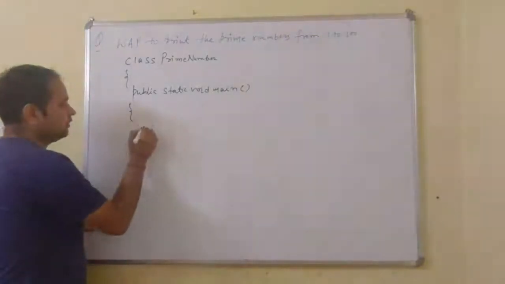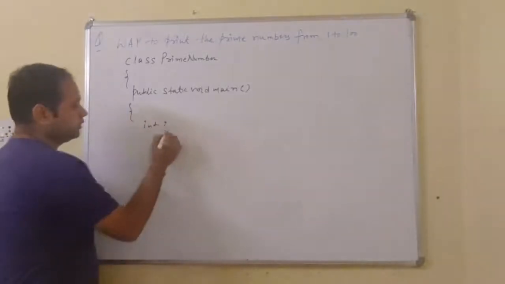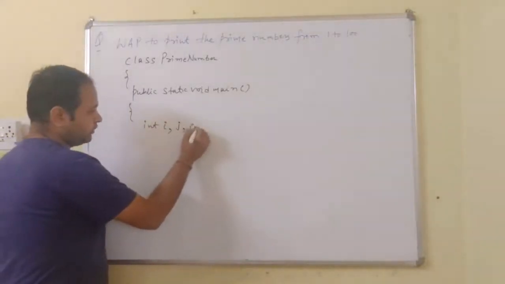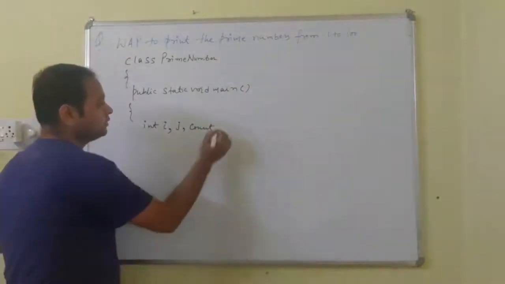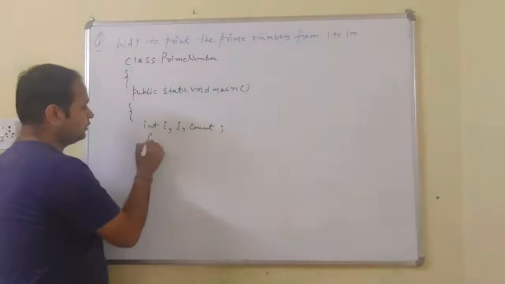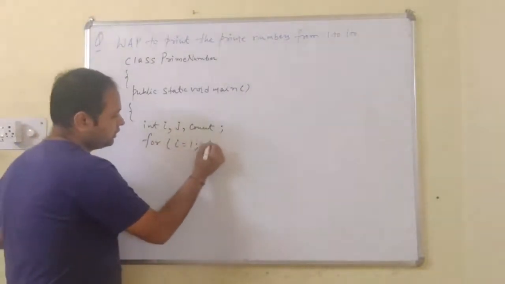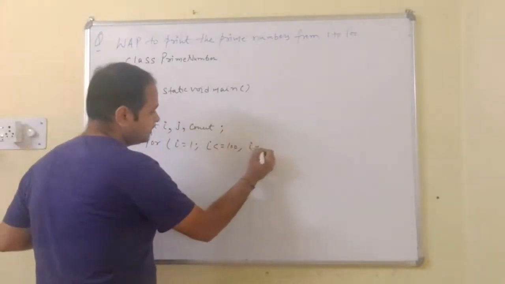I take the variable int i to run the outer loop, then for the inner loop I take j. To count the number of divisibilities, I take a variable count. Then write for i equals 1, i less than or equal to 100, i plus plus.